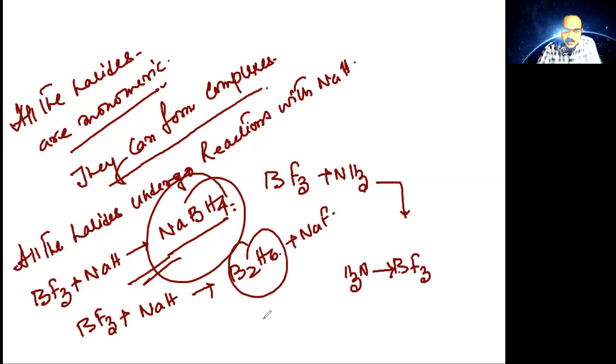So B2H6 has a structure of this: B, hydrogen, hydrogen, hydrogen. Here it is hydrogen, here it is hydrogen, hydrogen, hydrogen. So B2H6. Now this can also be done like this: BCl3 plus LiAlH4 will produce NaBH4 plus LiAlCl4.